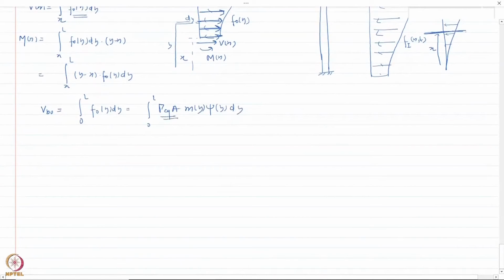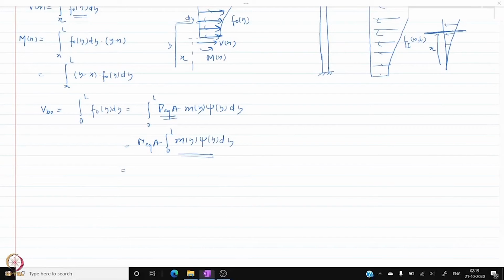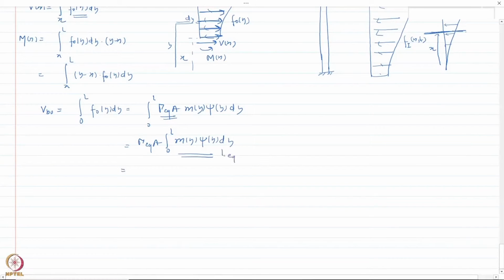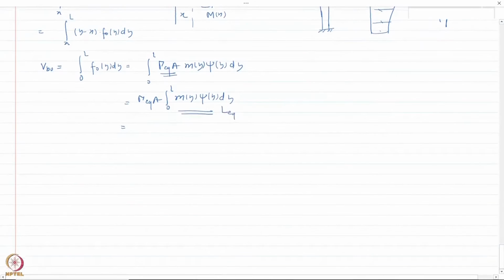Now this is constant, not a function of y. So I can write this as m phi y dy. Now if you remember, this expression is nothing but L equivalent. So I would write this expression as L equivalent times gamma equivalent times A.